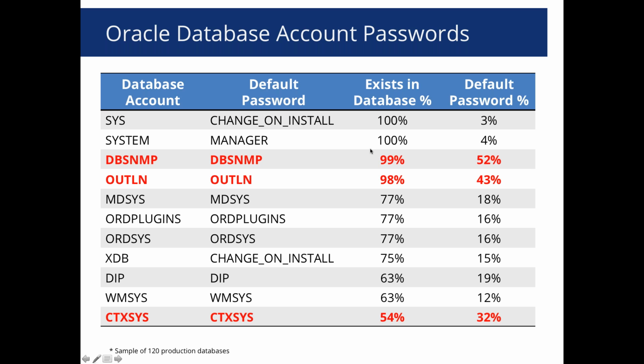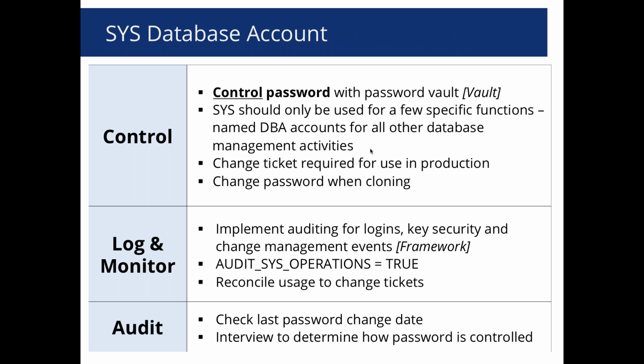Your password policy, again, going back to that chart prior with 3 different stacks or 3 different parts to your password policy, you need to make sure that you're addressing that and then auditing for that. This is the danger on the left-hand column there, of the accounts that are created through the install of Oracle. So the SYS account, just a few quick things. You've got to put that in a password vault.